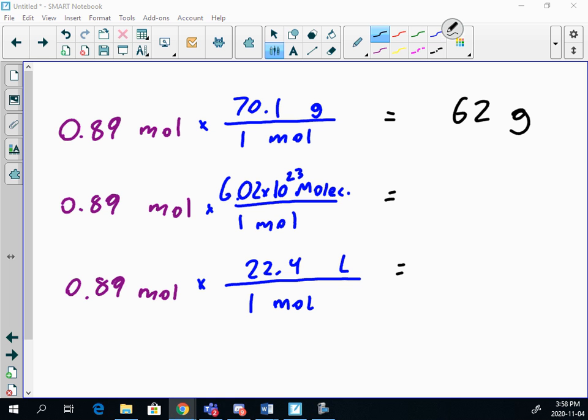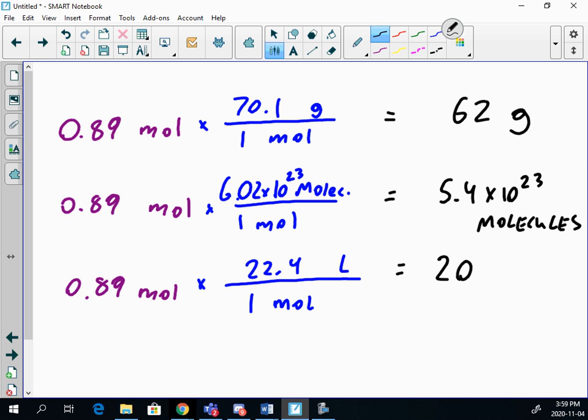And if I do that out, I get that my number of particles is 5.4 times 10 to the 23 molecules. Or I can do it times 22.4 liters. And to wrap us up here, that gives me 20 liters when I round to 2 sig figs.